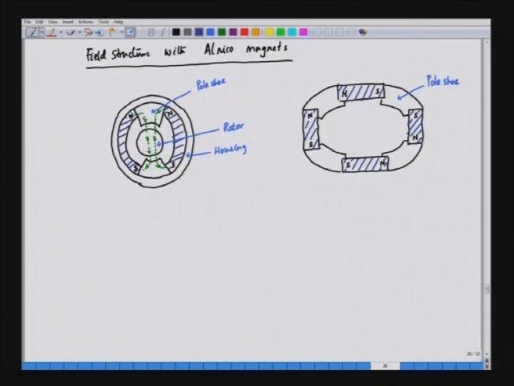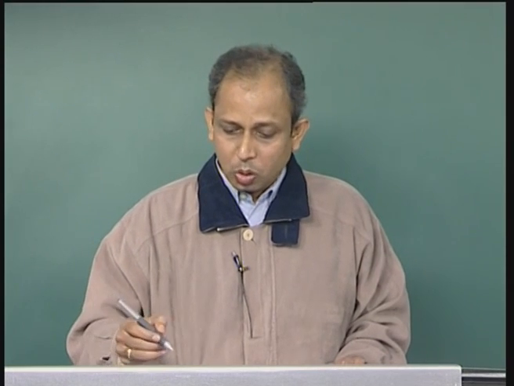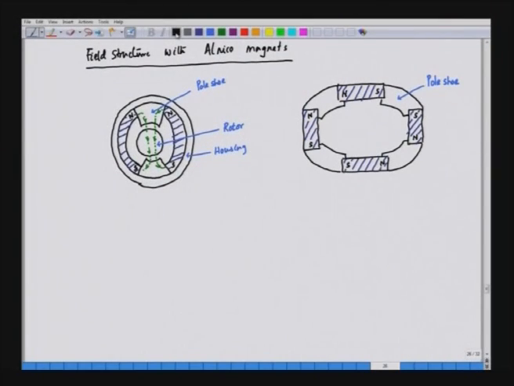The pole shoe is basically a soft iron material, and this facilitates the flow of the flux. The rotor is inside; this is the rotor core.